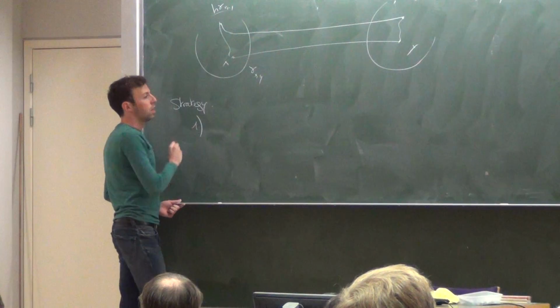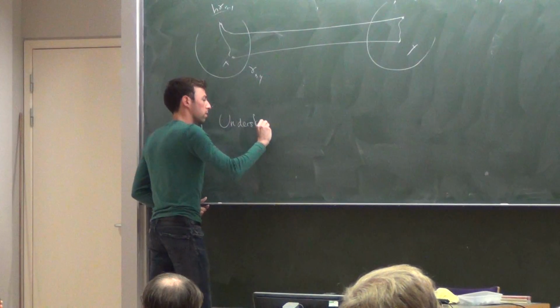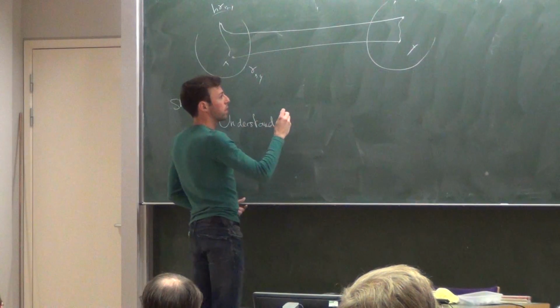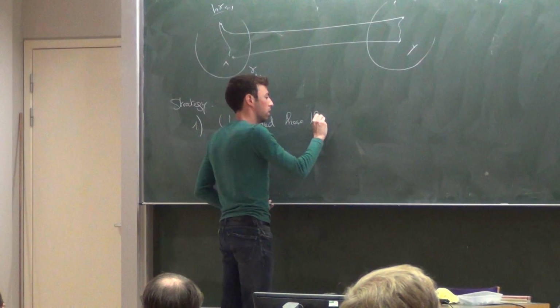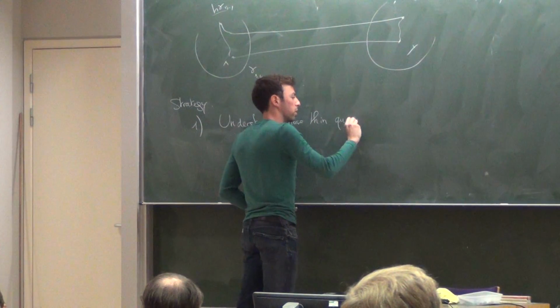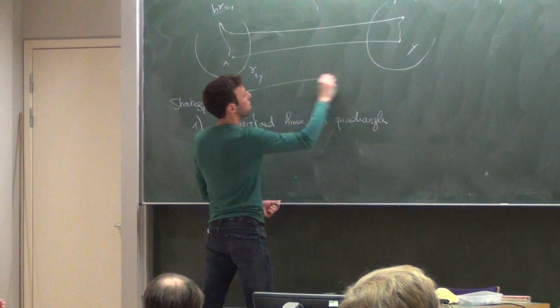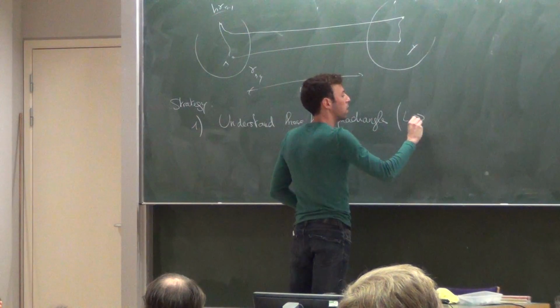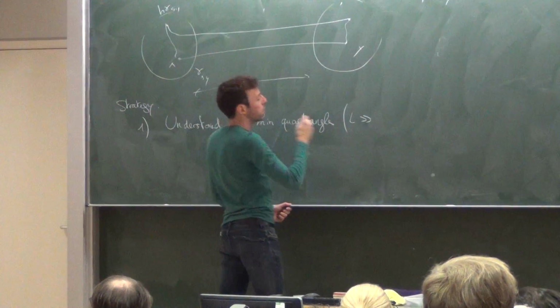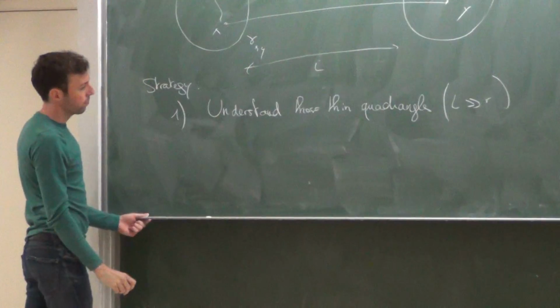The first step is to understand those thin quadrangles, and by thin, I mean that the distance between x and y is much greater than the radii of the balls.